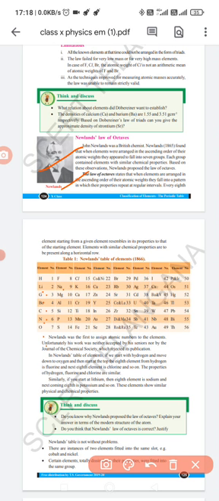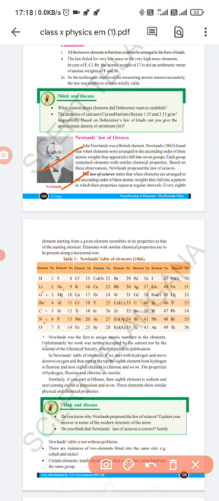The law of octaves states that when elements are arranged in the ascending order of their atomic weights, they fall into a pattern in which their properties are repeated at regular intervals. What is a regular interval? Every eighth element has similar chemical properties, so it is a regular interval. Their physical or chemical properties repeat at regular intervals.